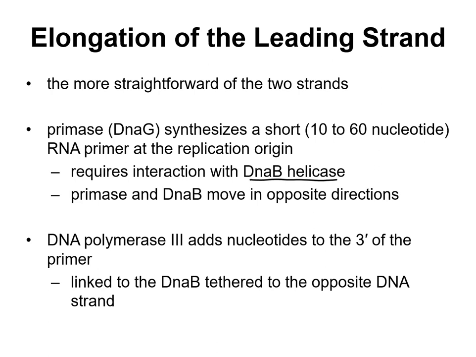Once the primase drops down that primer, DNA pol 3 can add nucleotides to the primer terminus, and there we go. So the DNA pol 3 is actually linked to the DnaB that's tethered to the opposite DNA strand. Remember that there's helicase on both strands.